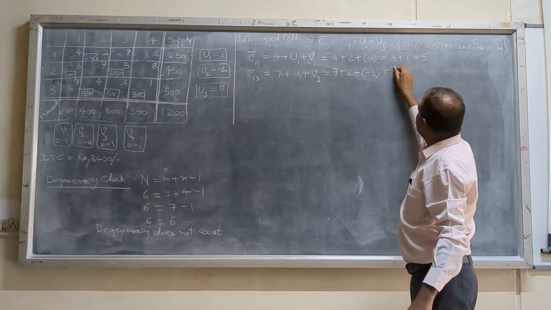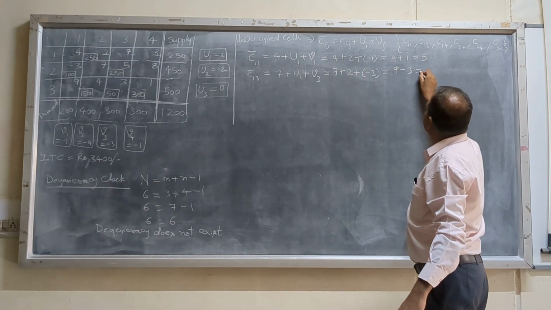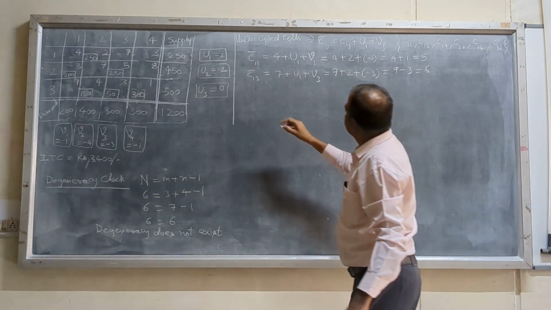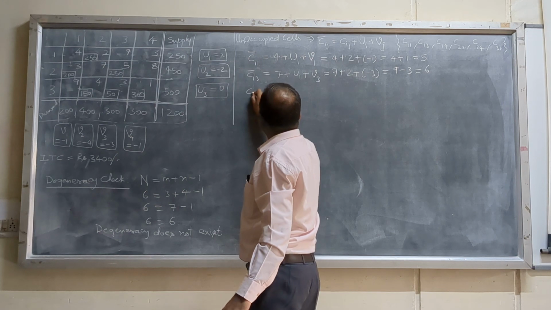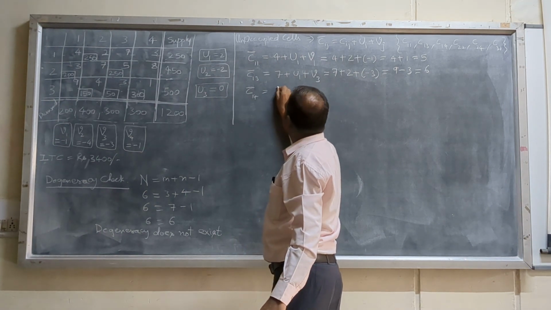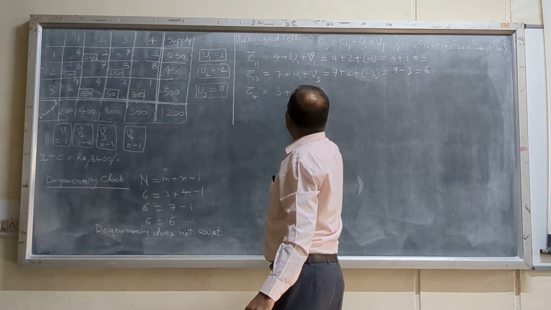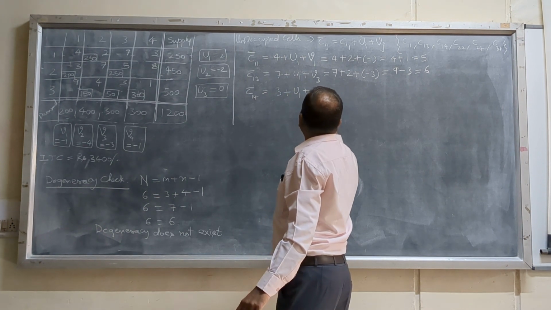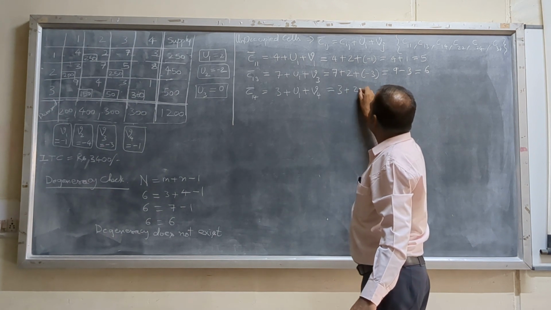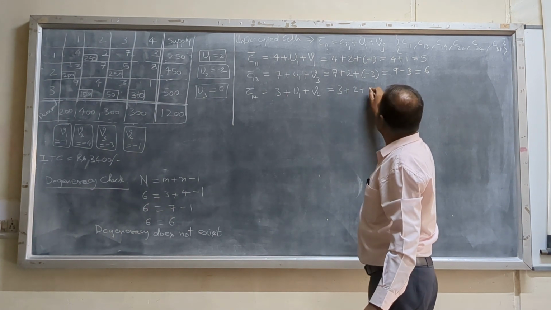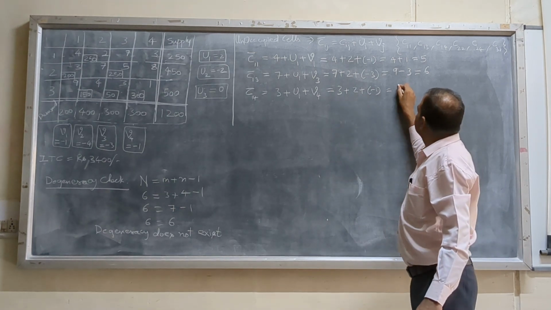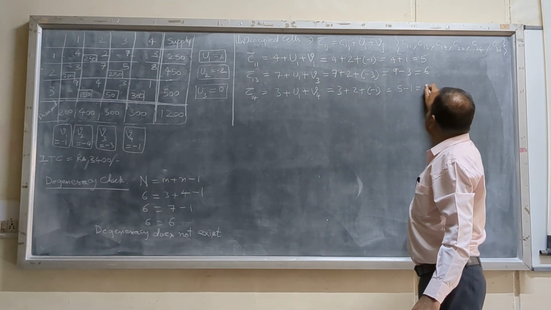So this is 9 minus 3, which is 6. The next cell is C14 bar, which is 3 plus U1 plus V4, which is equal to 3 plus 2 plus minus 1. So it is 5 minus 1, which is 4.